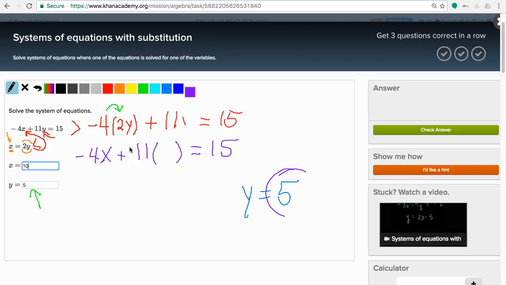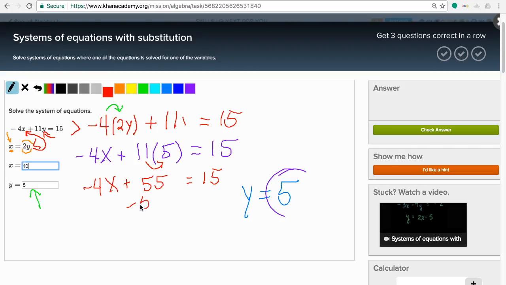So we're going to finish out our equation. Instead of putting y in there, we'll put 5, so we can get ready to solve the equation and get a value for x. We know that this 11 distributes over the 5 to give us 55. And that equals 15 over here, and equals negative 4x. All right, so we're solving for x.